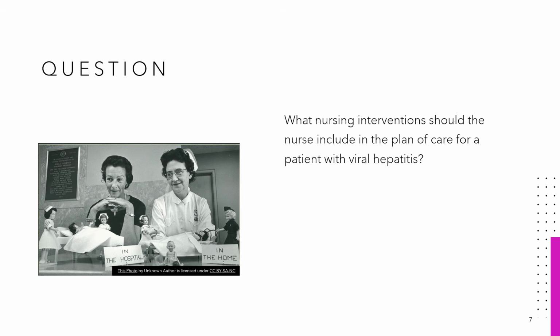We're going to monitor labs, the AST, the ALT, and the bilirubin. And we're going to encourage hand hygiene, avoid sharing personal items like razors or toothbrushes, and safe sex practices. We might need to give vitamin supplementation, and again, we go back to good personal and environmental hygiene.